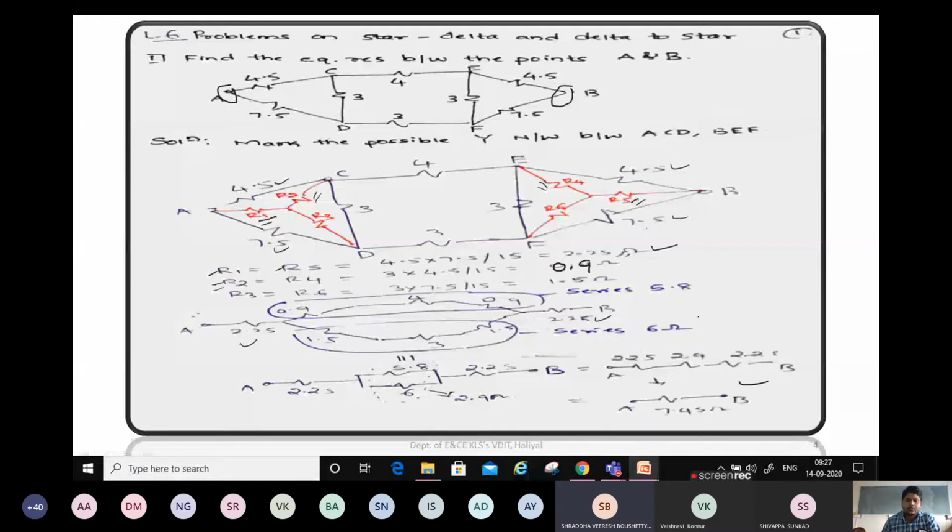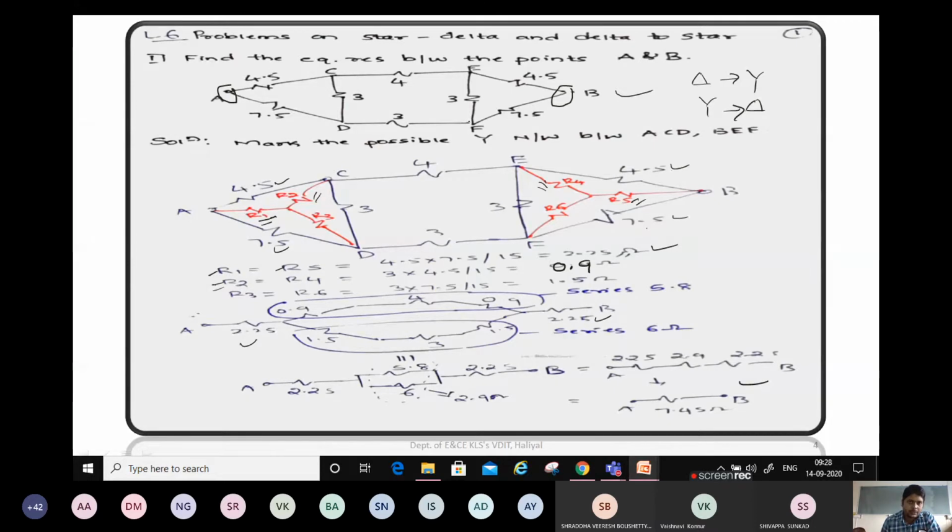Okay, so this is the given circuit. First we need to think whether to go for delta to Y or Y to delta operation. From the observation we see it is a delta network.